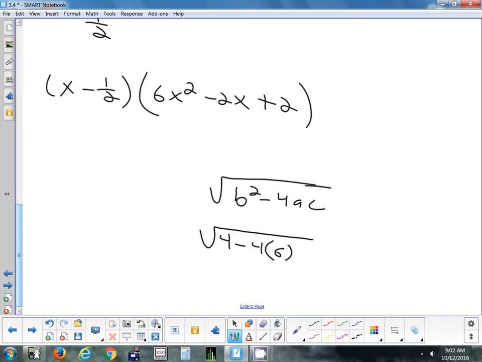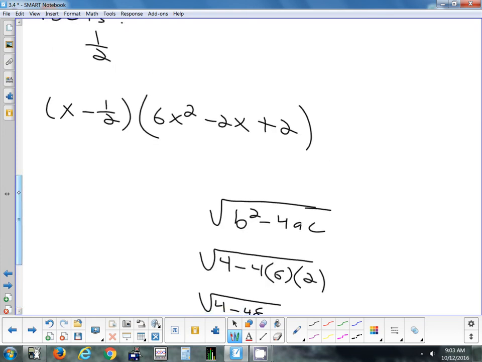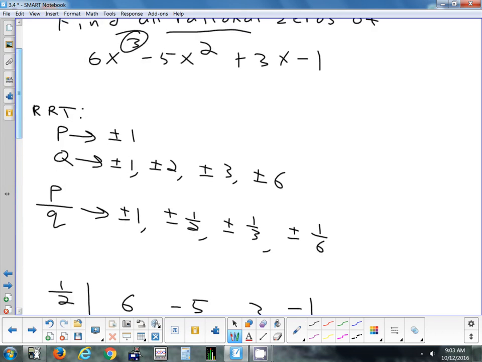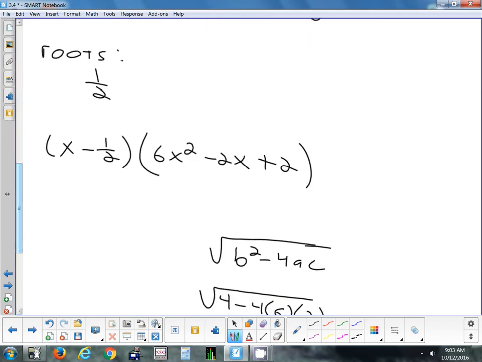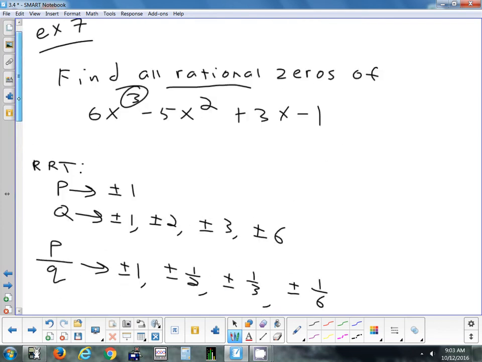And what's c? 2. So I'm going to end up with 4 minus 48. That's a negative number. I'm going to have the square root of a negative, which means the other two answers are imaginary. So there are always 3 answers. There's always 3. But the problem is the other 2 would be imaginary. There's only 1 that's real. Well, actually, specifically this time, there's only 1 that's rational.